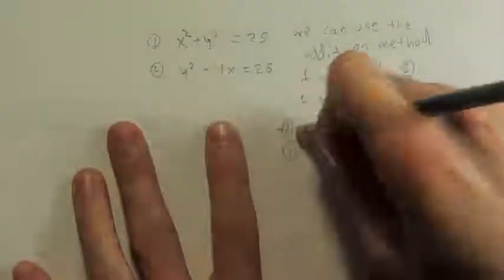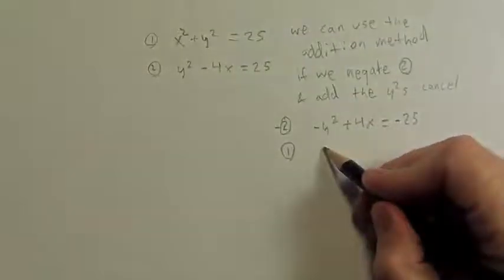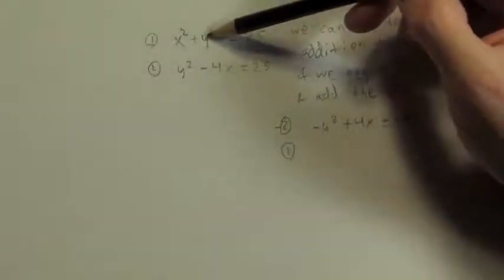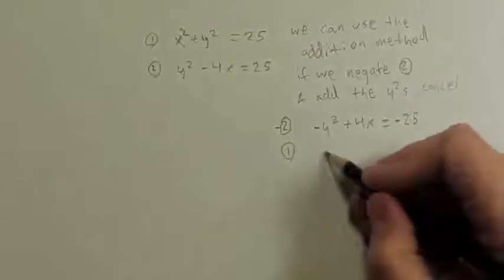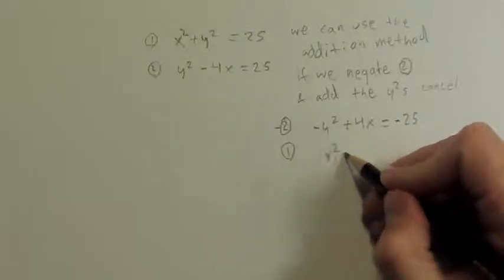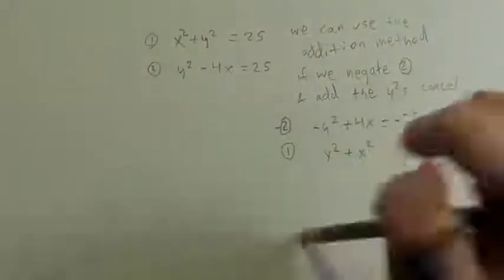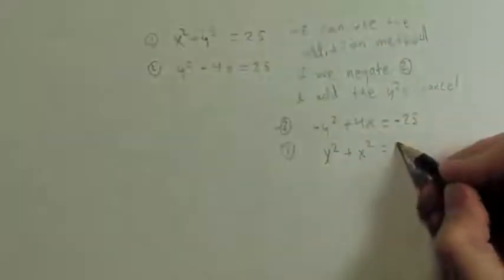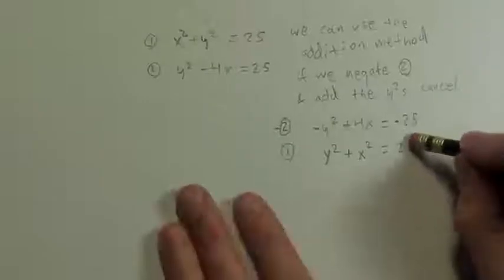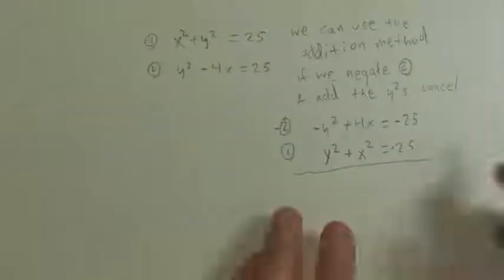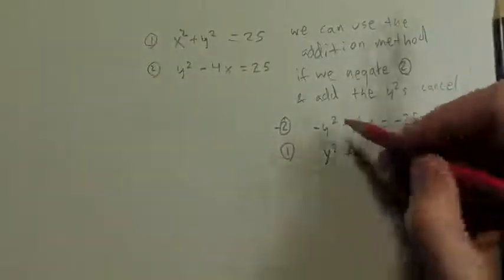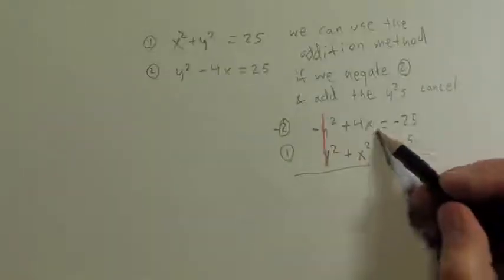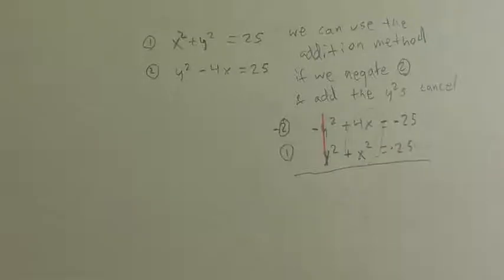1 is just x squared, and I'll actually flip this so that everything matches. So I have a y squared plus an x squared. You don't have to do this, but if you want to actually see things cancel. So when we add these together, the y squareds cancel, and then here, these aren't like terms.